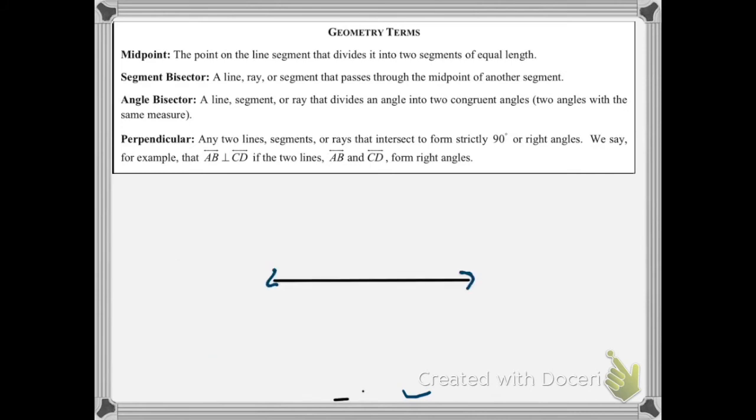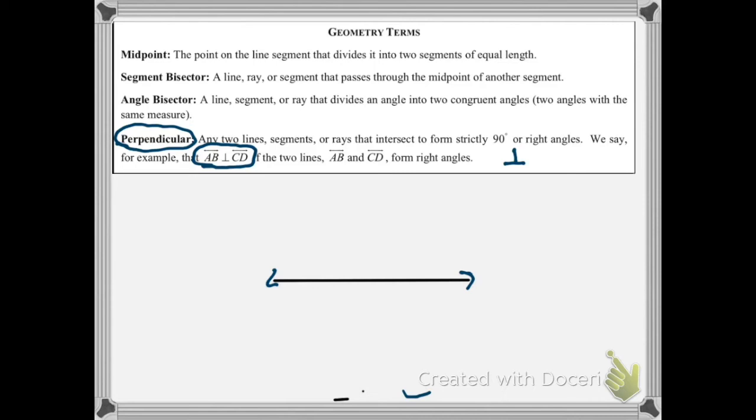Now the word perpendicular you are going to see very, very often, so get familiar with it, okay? Perpendicular means when two segments, lines, or rays intersect at a right angle. The symbol for perpendicular is going to be an upside down T. If you want to write notation, you could say two lines are perpendicular, or you could say two segments are perpendicular.